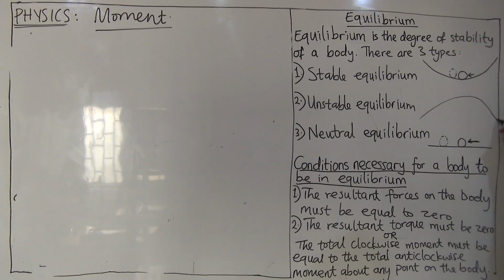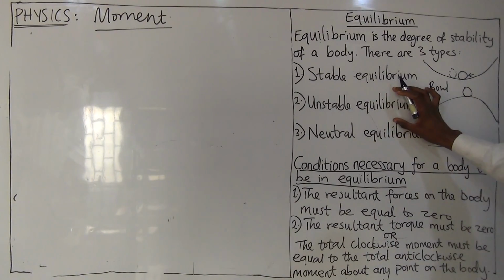But when an object is in unstable equilibrium, we can consider an example like this. An object that is placed on an inverted bowl, or a bowl that is upside down. Okay? So this represents a bowl actually. When you place it on an inverted bowl, you can make sure it's balanced.